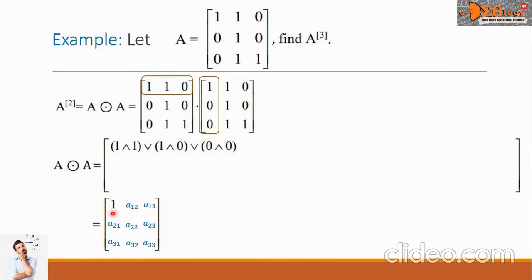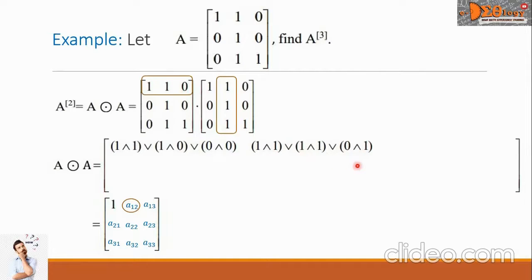Here we go. Next, the A sub 1, 2. First column of this matrix, second column of this matrix. So we write now 1 and 1, or 1 and 1, or 0 and 1. Again, if any value of 1 is here, the full operation is equal to 1. 1 and 1 is 1, 1 and 1 is 1, 0 and 1 is 0.